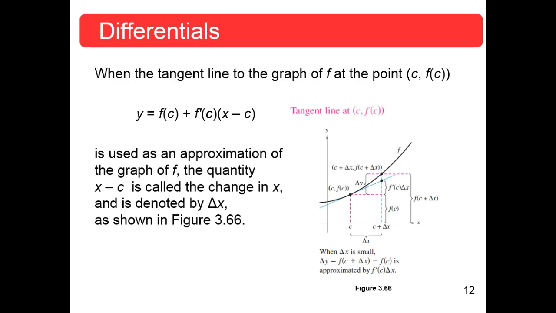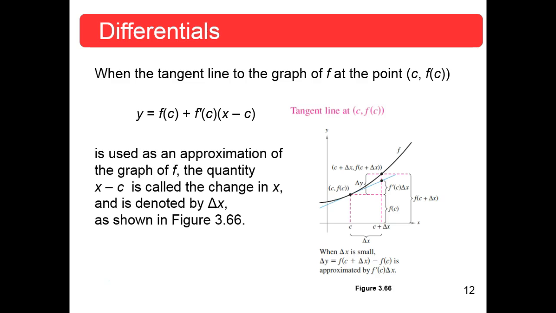Okay, we talked last time about the tangent line to a graph of some function f at the point c, which is obviously on that function, and c is the x value. f of c, of course, would be the y value. The equation for the tangent line, since (c, f(c)) is a point, then y minus f of c is equal to the slope, which is f prime of c times (x minus c).